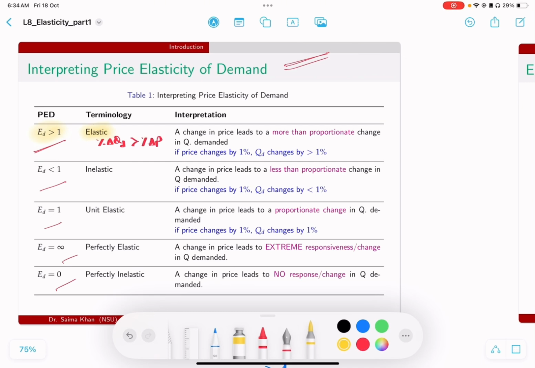Another way of saying that is to say that when there's this change in price, it leads to a more than proportionate change in quantity demanded. Now, if you were to look at it in terms of the numbers, what we're saying is that if the price change was by 1%, then quantity demanded would change by more than 1%.